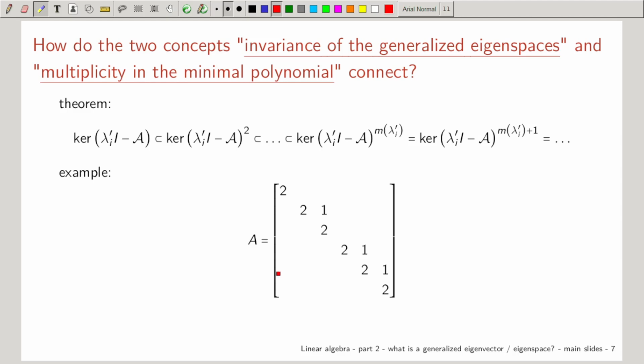Tell me, given this example, can you find a generalized eigenvector of order 4? I can find it, cannot find it, I don't know if I can find it or not. Discuss.